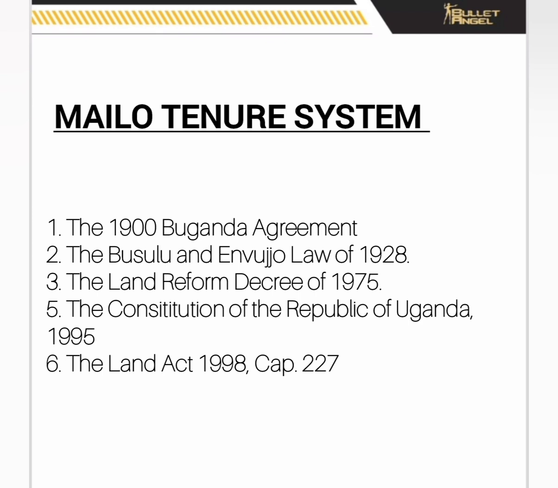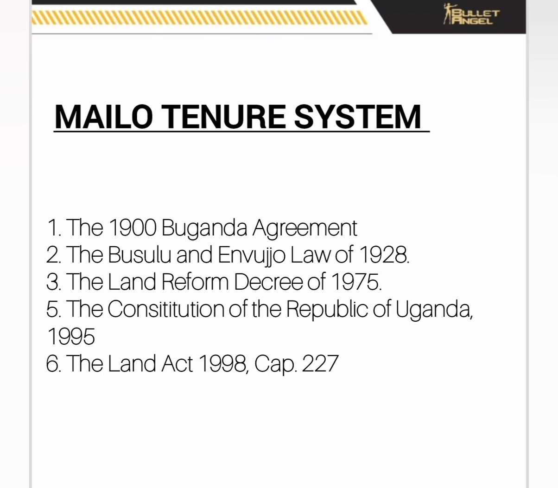The people who owned this land had their land registered and certificates issued to the owners under the Registration of Titles Act, right? Just like we say that the Mailo tenure system is a semi-freehold tenure system. People who got this land had their land registered and certificates were issued under the RTA.